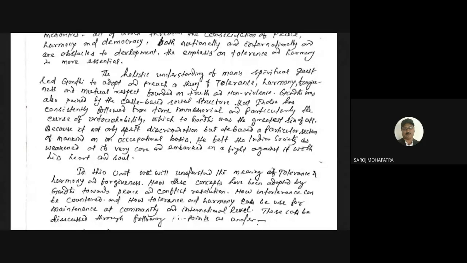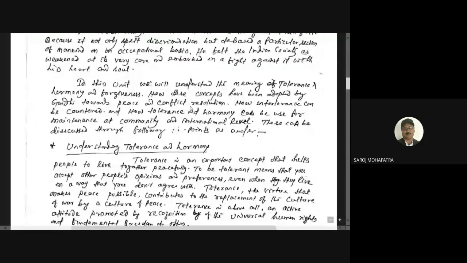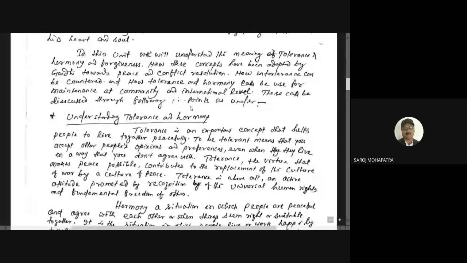So what we will learn in this topic or unit: this unit particularly will help us understand the meaning of tolerance, harmony, and forgiveness, how these concepts have been adopted by Gandhi towards peace and conflict resolution, how intolerance can be countered, and how tolerance and harmony can be used for maintenance at a community and the international level.